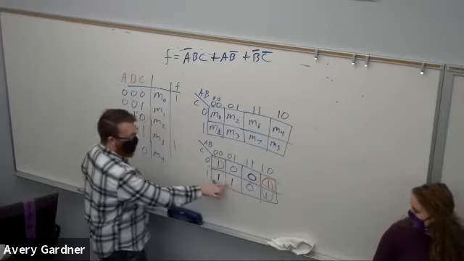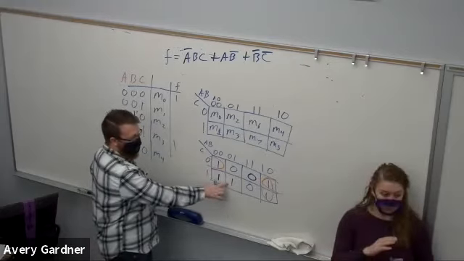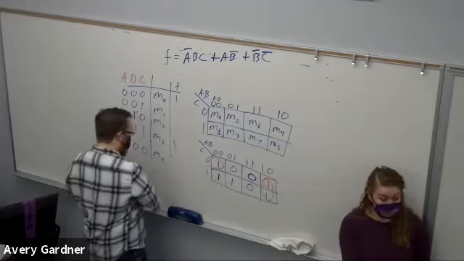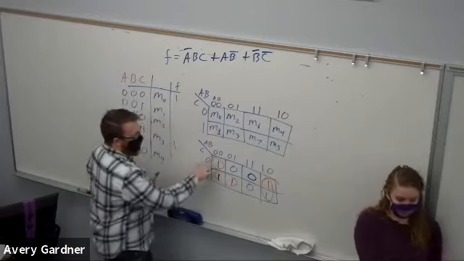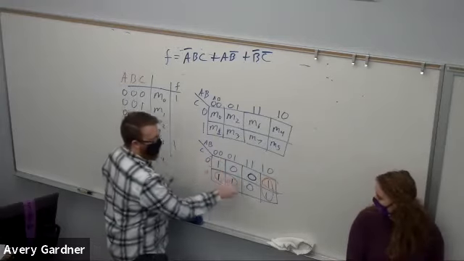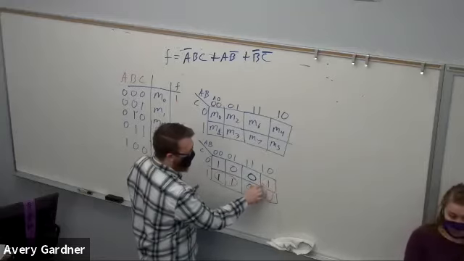So this one, minterm 0, 1, 2, 3, is no longer an island. It now has a shared implicant. So I can circle that way. But I'm also going to redraw this implicant, actually both of these implicants.